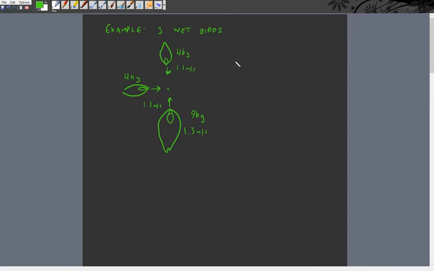So our job in this example is, of course, to find the total momentum. We're going to do this in 3 ways. First, we're going to find it in terms of unit vector form. Then we're going to find the magnitude of the total momentum, and then we're going to find the direction of the total momentum.